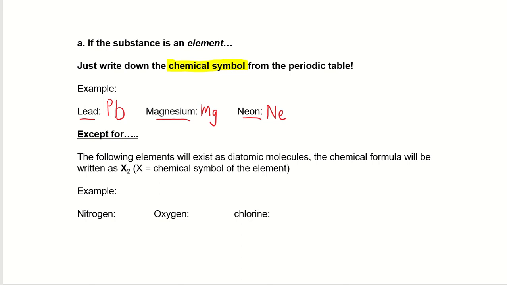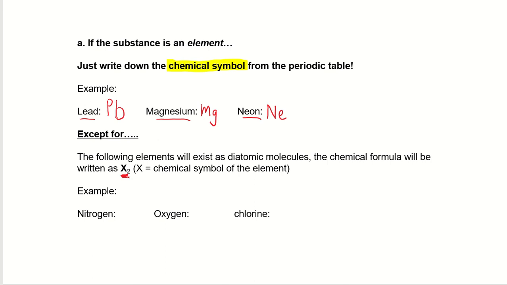The following elements that I'm going to show you exist as diatomic molecules, and the chemical formula will be written as X2. So instead of just the chemical symbol, you need to add a subscript 2 at the bottom. This is because they exist as diatomic molecules. That means that 2 of the atoms will chemically combine to form a molecule.